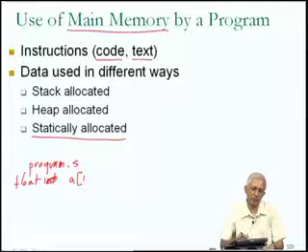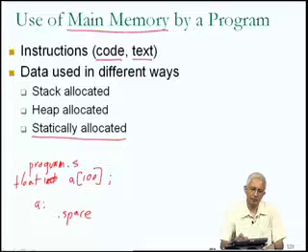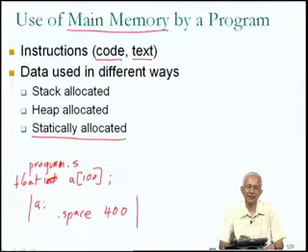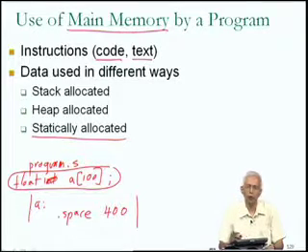In that particular program there was a floating point array of size 100, and we saw that the way that static allocation was done in the assembly language program, associated with the label A, there was a space, in other words an allocation of 400 bytes, which is the amount of space occupied by 100 floats. Each float is a 4 byte IEEE 754 floating point value. So we saw how static allocation is done.